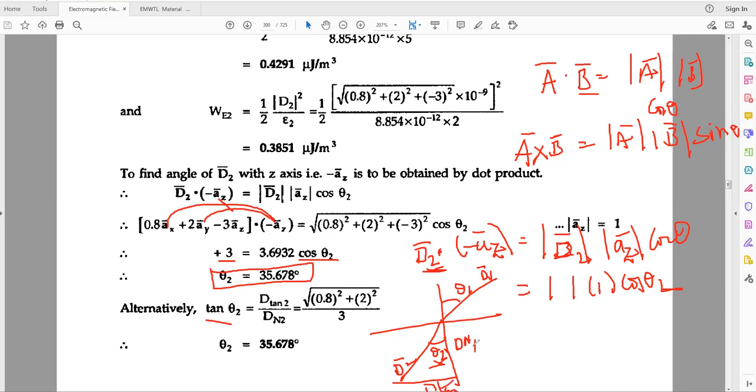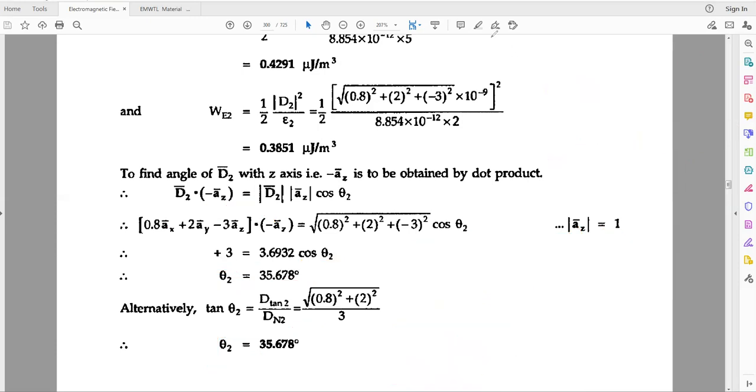It is a right angle triangle for D2, where the opposite side is D tan 2 and the adjacent side is Dn2. For D1, it is also a right angle triangle, with D tan 1, the tangential component. That will give theta 2 equal to 35.678. This alternative you can also find by using the formula of tan theta 2 in the diagram, considering the right angle triangle. Got it, my students?